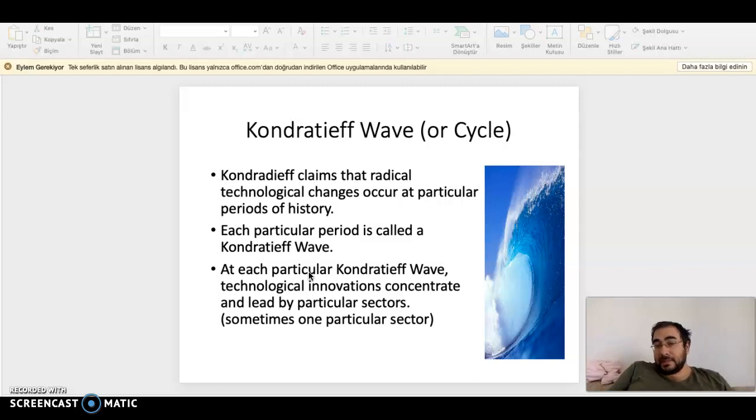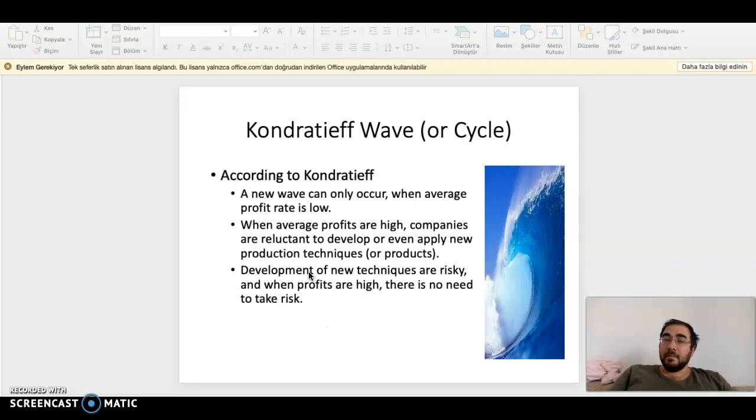There can be multiple sectors, but that usually happened maybe at one period in history where you had multiple sectors in which those innovations were occurring, and we will see that.